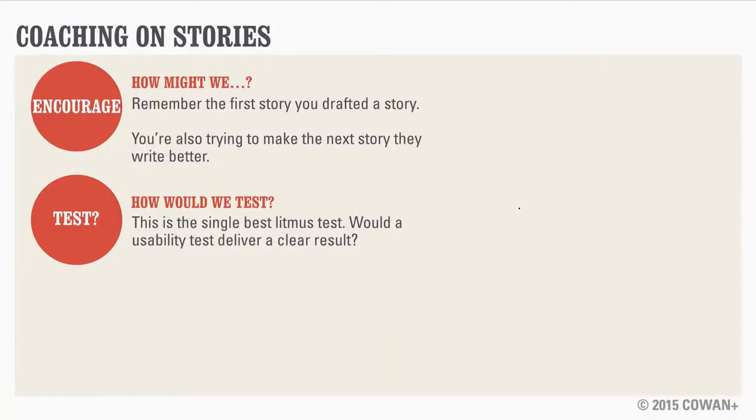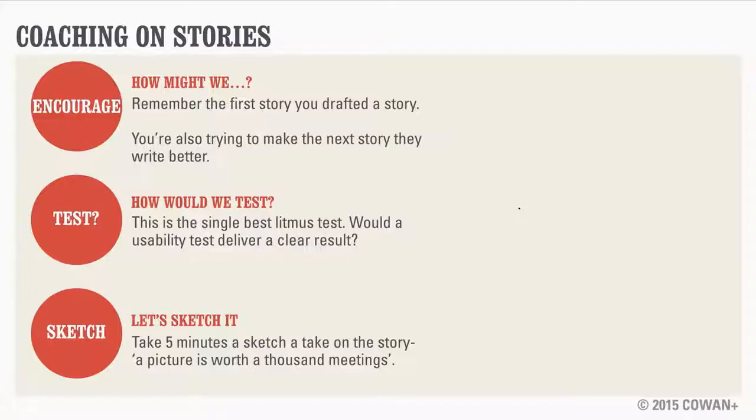Next, this question of how would we test this user story. This is probably the single most powerful litmus test you can apply to a user story. It really drives to the heart of whether the narrative has integrity and relevance, and it's a really good thing to constantly be asking yourself.